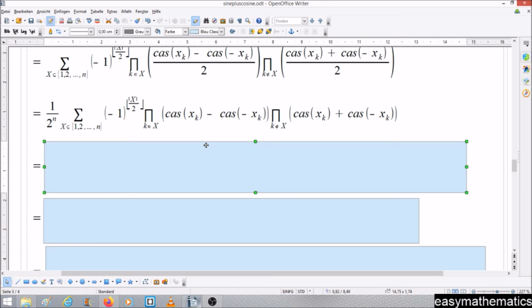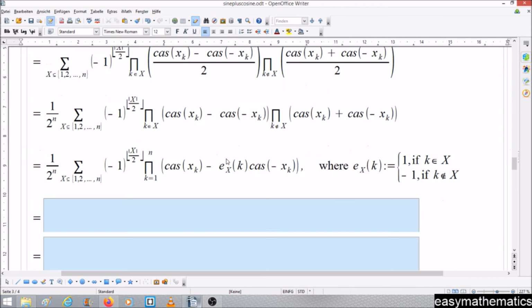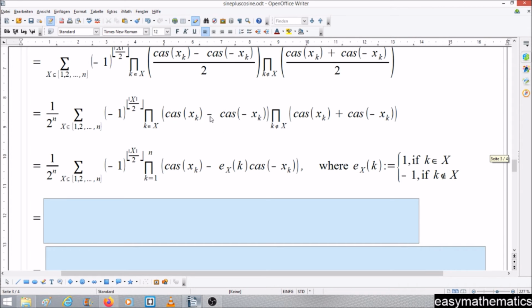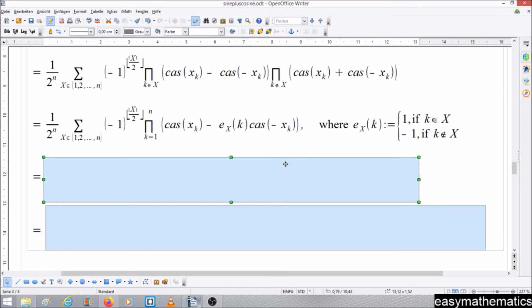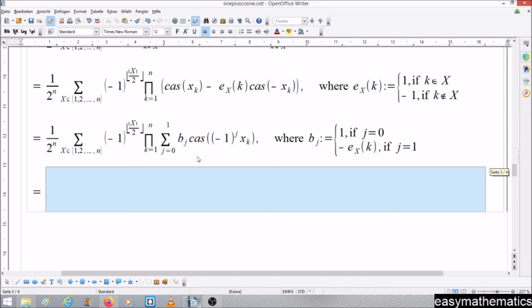And now what I would like to do is to introduce this sign function. If k is in X we have the minus, and if k is not in X we have this plus. So I write it as minus e_X of k, where e_X of k is 1 if k is in X and minus 1 if k is not in X. Alright, in the next step I want to write a symbolic sum for this difference.